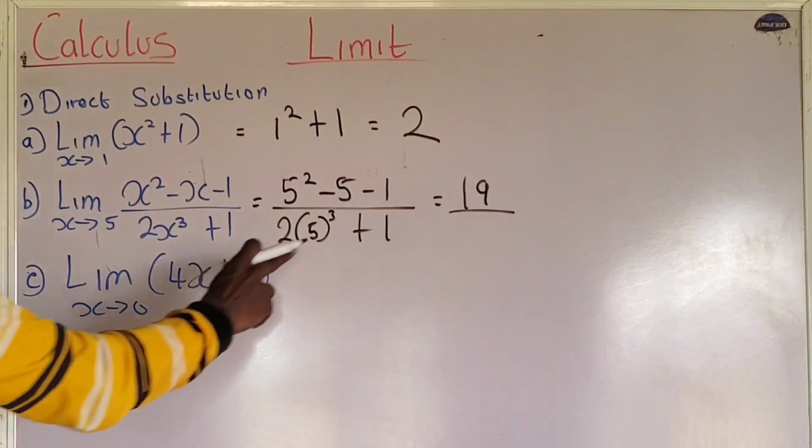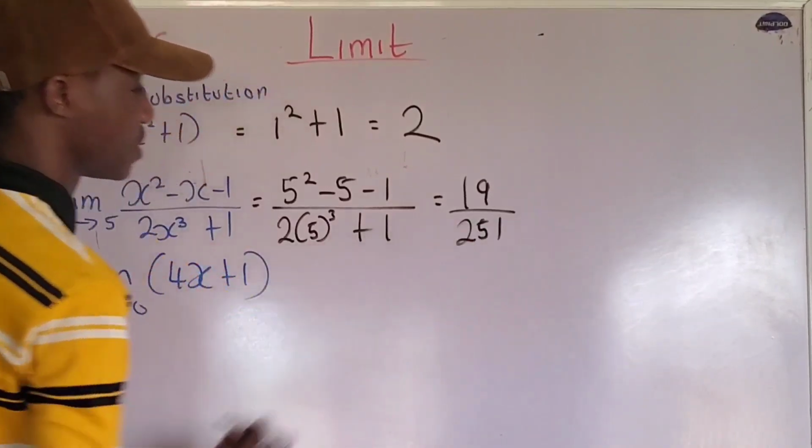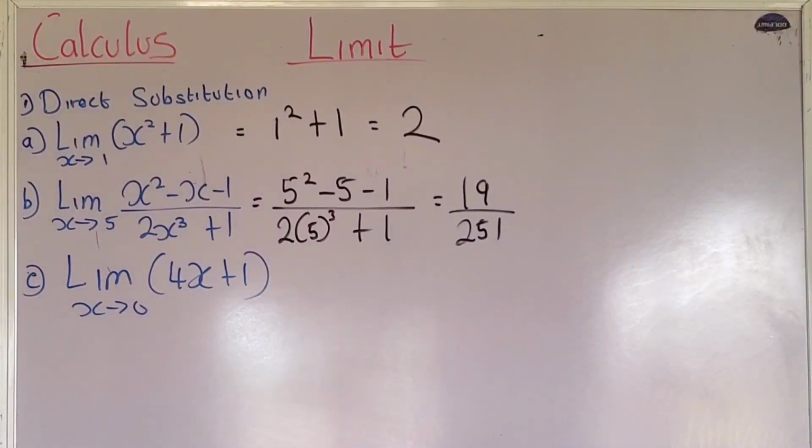Okay, 250 plus 1, that is 251. So using direct substitution, that is the value that you're going to have: 19 all over 251.